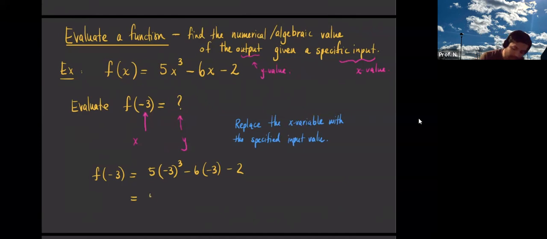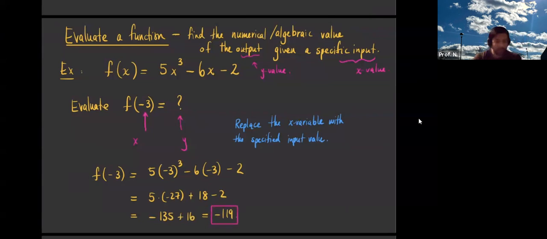So then I get 5 times negative 27. Then I get negative 6 times negative 3 is positive 18 minus 2. Then 5 times negative 27 is negative 135 plus 16, and if you combine this it becomes negative 119. So what did I just figure out? I figured out the value of the function, so I'm going to say this in words.